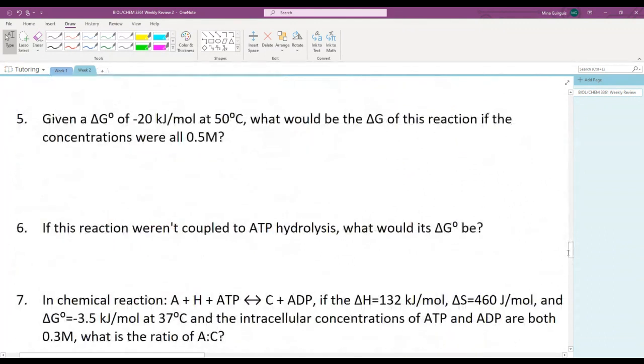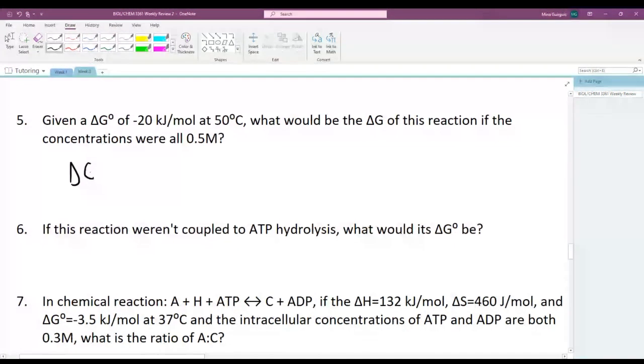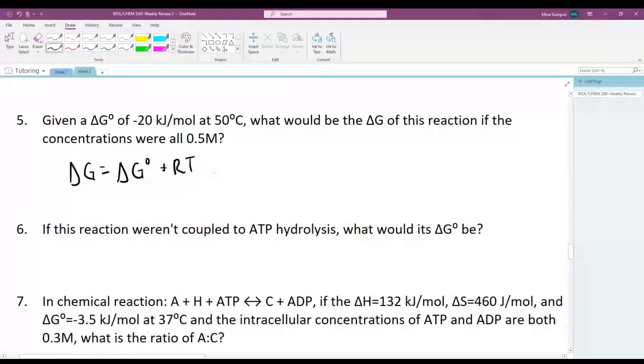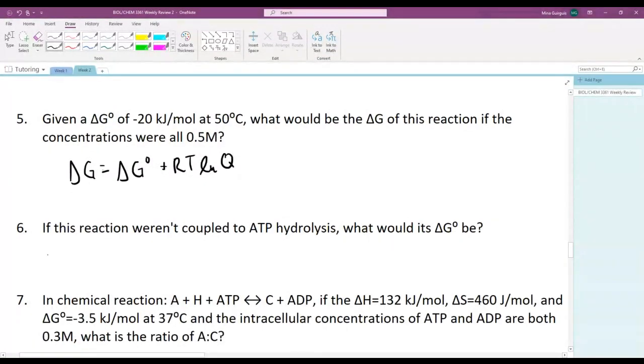So coming back down to here, we're going to say delta G equals delta G naught plus RT natural log Q, okay?